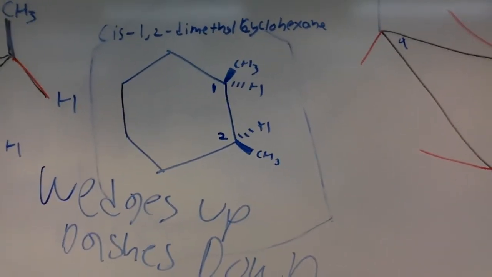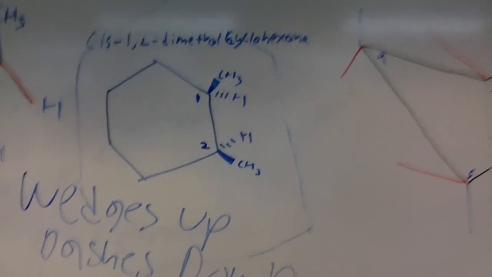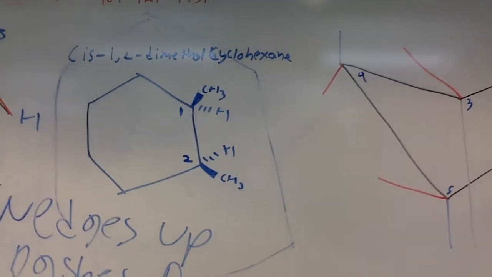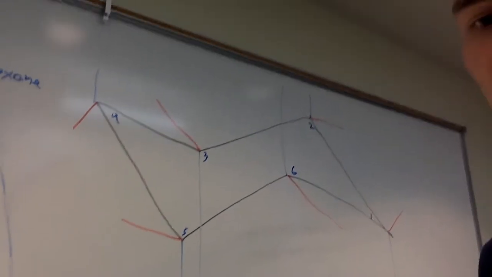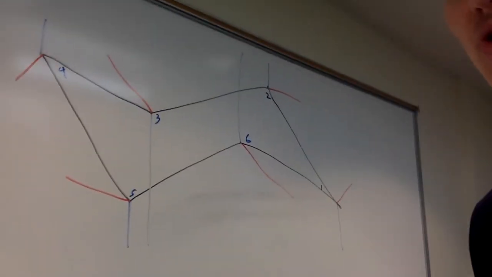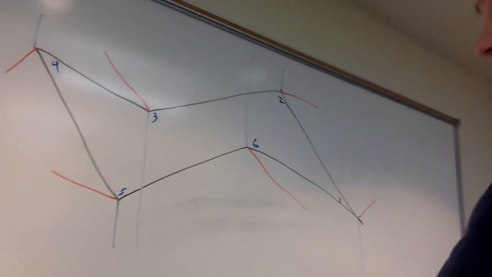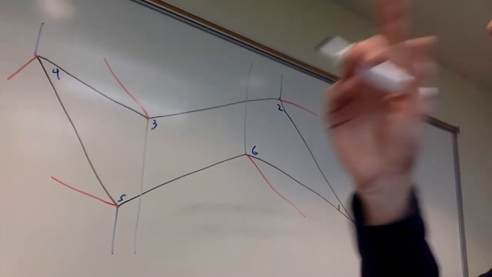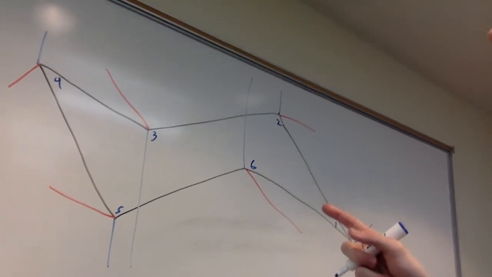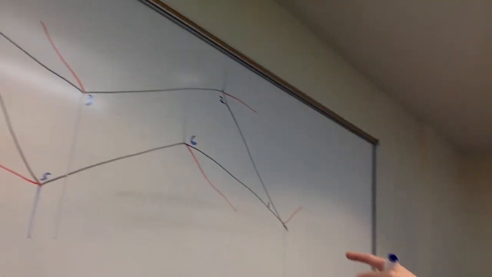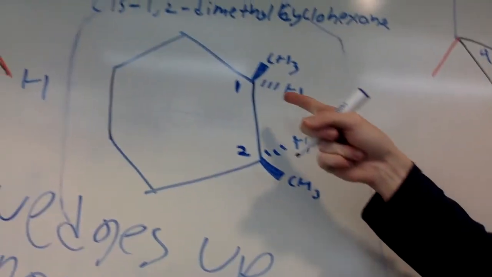Drawing this. Because our carbon numbers are still going to be conserved on here, we just have to put them onto here. Okay. So when we put these onto here, what we'll have is a CH3 going up, right? So here's our CH3 on carbon number 1. I'm talking about this one right here. So it's going to go up, okay?